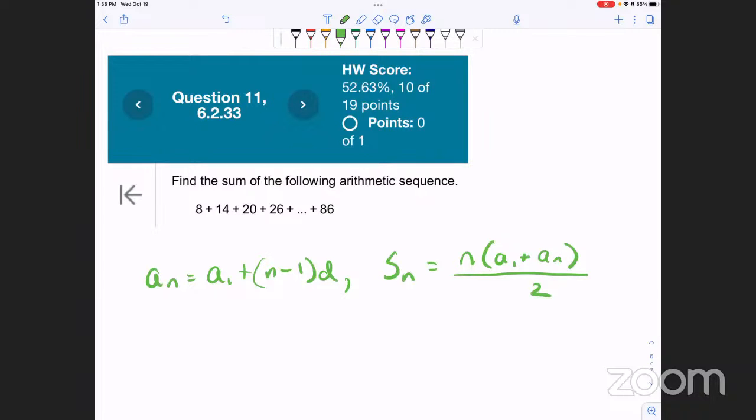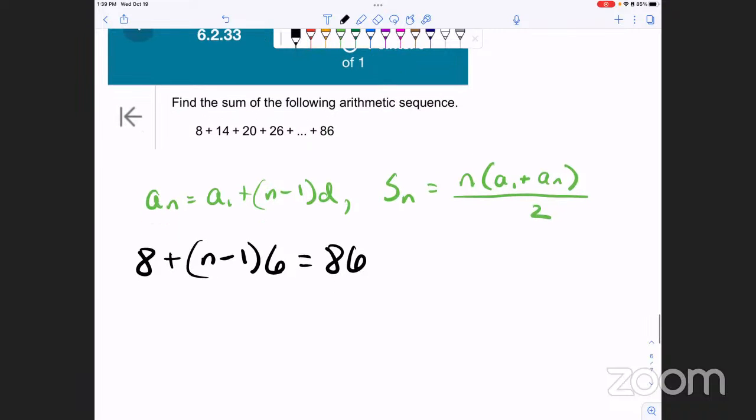So we have to solve for n like before, so we can solve for the nth term. The first term is 8, and we're solving for n. The common difference, 4 and 2 is 6, so we're adding 6 each time. And 86 is the term we're trying to find out which one it is.